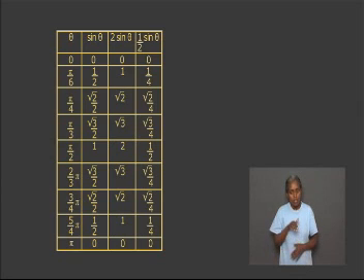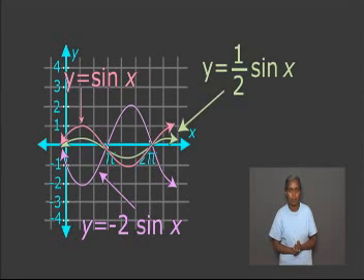Likewise, the values of 1/2 sine theta are 1/2 the values of sine theta. If we plot these points on the same graph, we get something that looks like this.